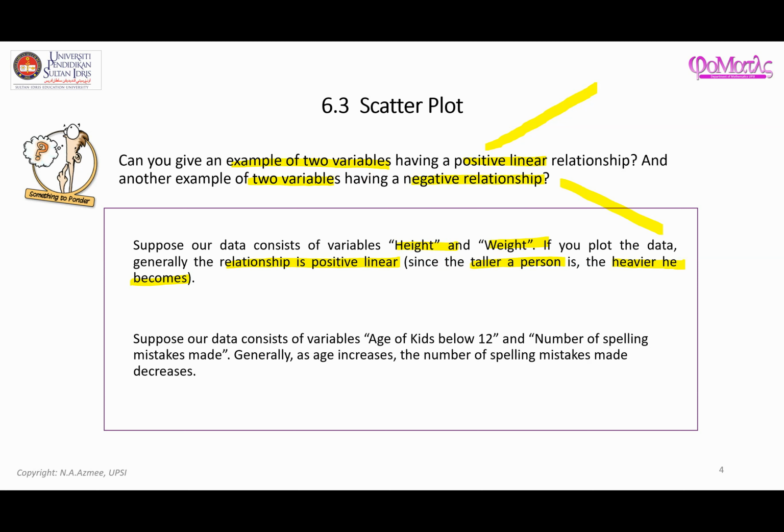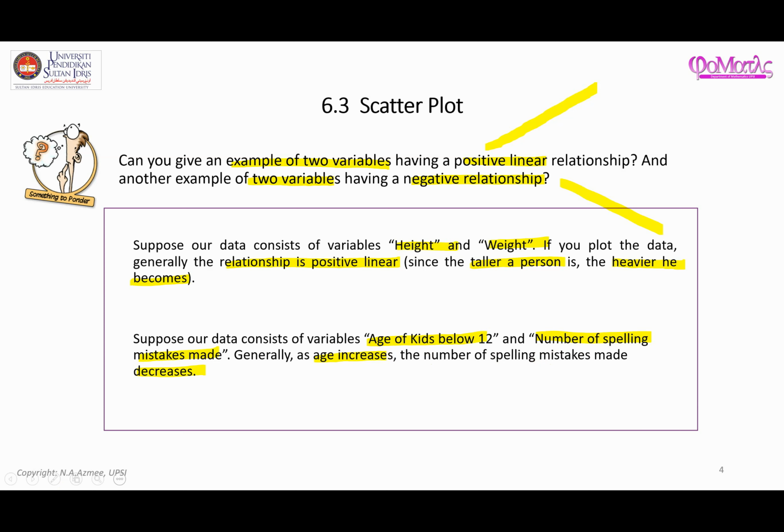Now, another example is two variables having a negative relationship, which means it goes in this direction. Here we have the age of kids below 12 and the number of spelling mistakes made. In general, when the age increases, the number of spelling mistakes will decrease.